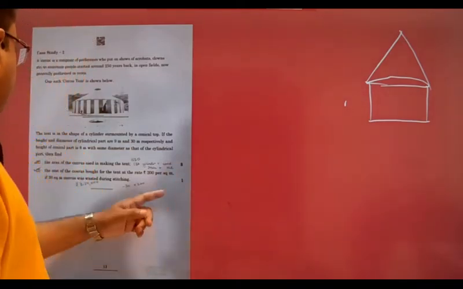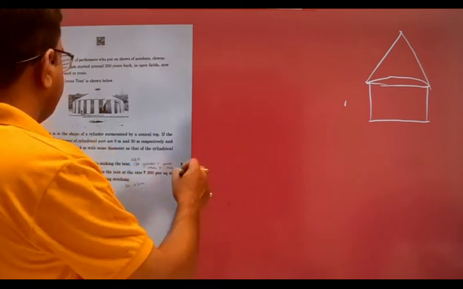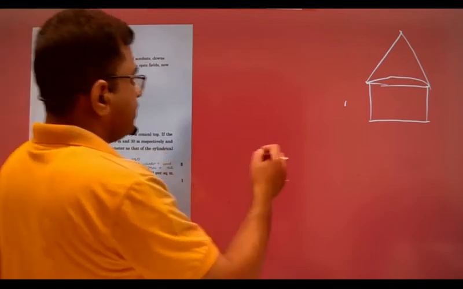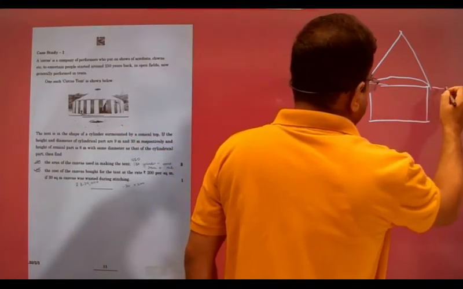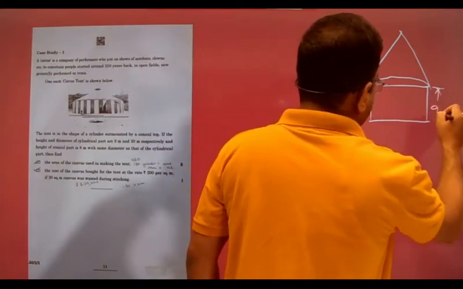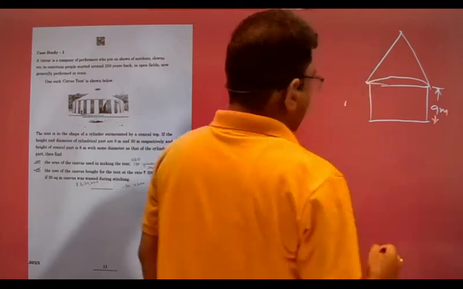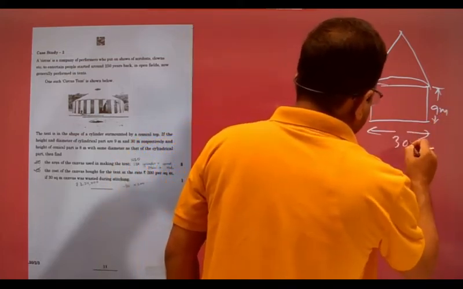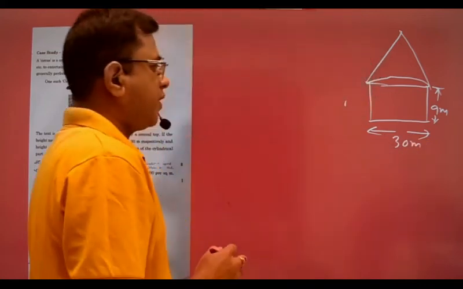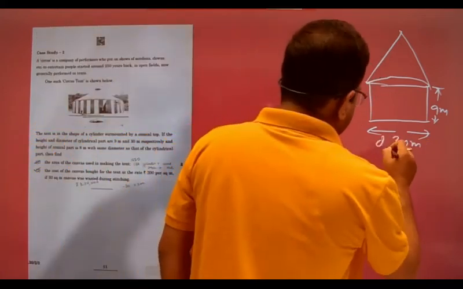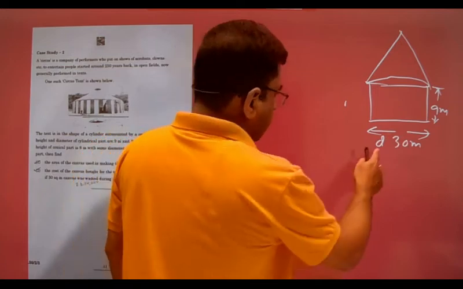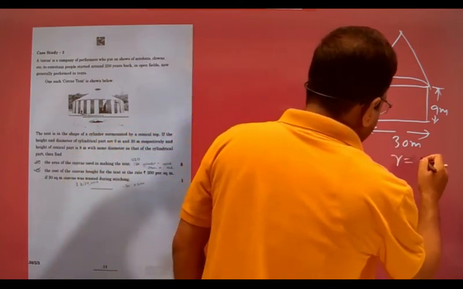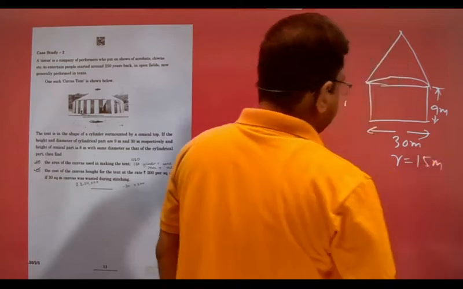For the cylindrical part, the height is given as 9 meter. So this one is 9 meter, and the diameter of the cylinder is 30 meter. So this is the diameter, and what will be the radius? The radius equals 15 meter, right?